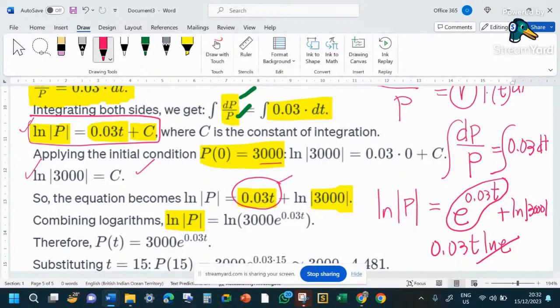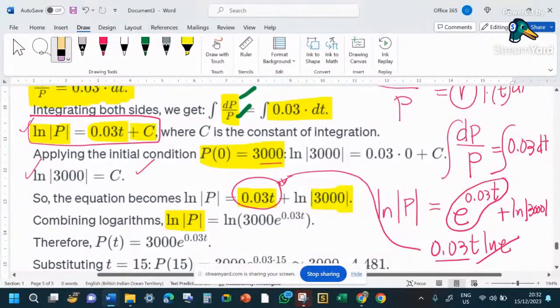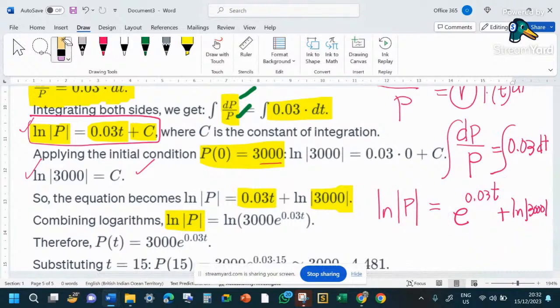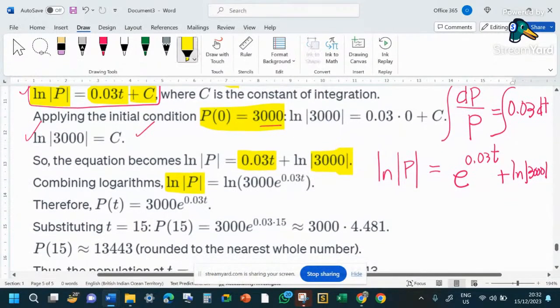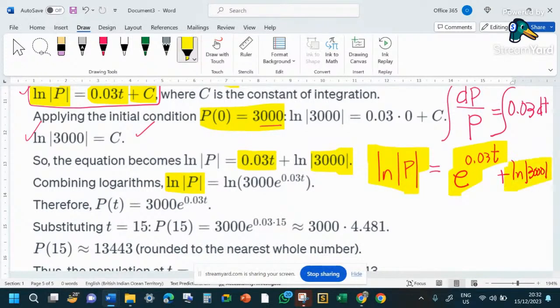And if you cancel that, because ln e is equal to 1, it goes back to the normal 0.03t. Okay? Now, we cannot combine a normal number or a normal variable with natural logarithms if you're not going to introduce e as a base. Right, having this one now, ln P is equal to e raised to 0.03t plus ln 3,000.